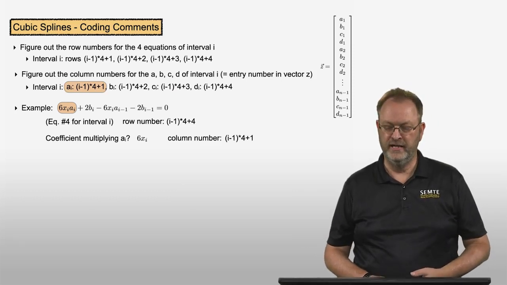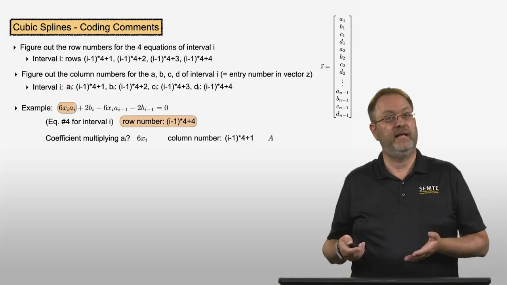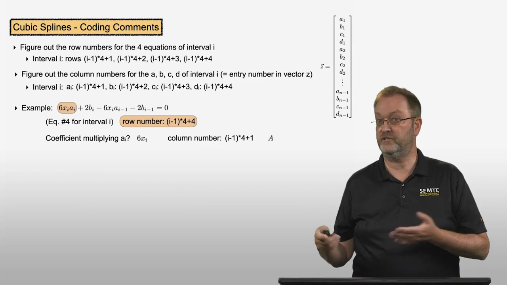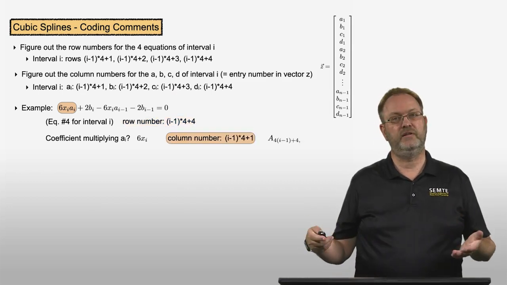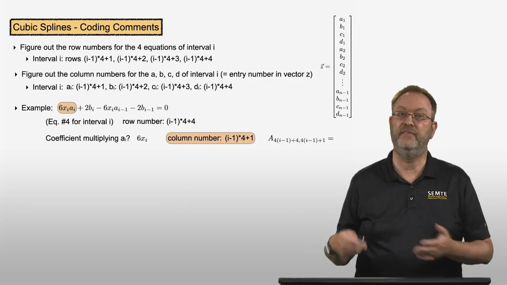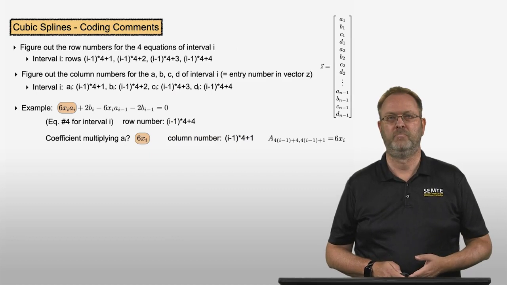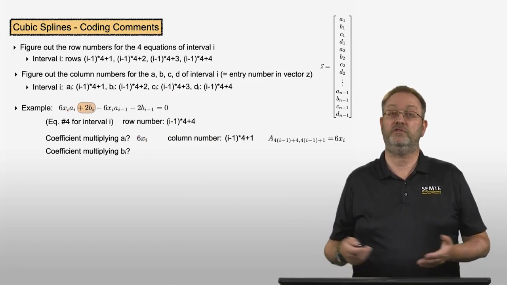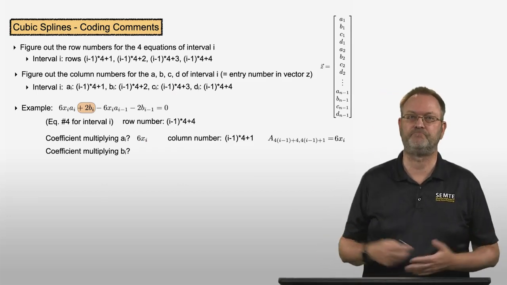Okay, so therefore, if I want to set the entry in the matrix A, it has to be at row number (I minus 1) times 4 plus 4. That's the first index. And the column number is (I minus 1) times 4 plus 1. And that entry has to be 6 times xi. All right, next up is bi. What's the coefficient in the equation that multiplies bi?